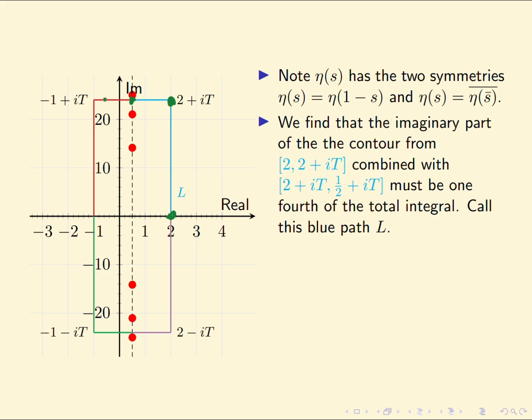If I just took an arbitrary function and drew something like this, it would not be true that if I divided the contour into 4 even parts, the integral over each of the 4 parts would be 1/4 of the total integral. But because of these two symmetries, it is true in this case. The original contour I called D, so the whole rectangle was D, and I'm going to call this blue part L. So blue L is both of these segments in this order.